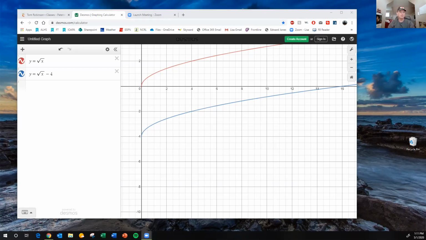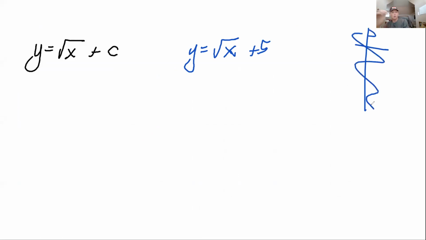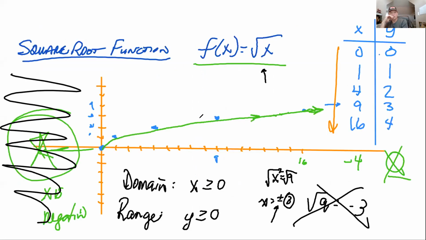So we can look at a function now, maybe something like this. Y equals the square root of x plus 5. And we don't have to do a t-table anymore. We can simply take that graph and think, okay, I used to start at 0, 0. Remember, I go back here, 0, 0 was my starting value.